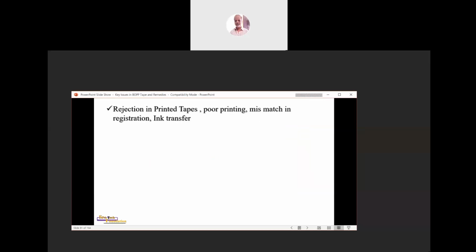Rejection in printed tapes, poor printing, mismatch in registration, ink transfer, all these contribute to the rejection.